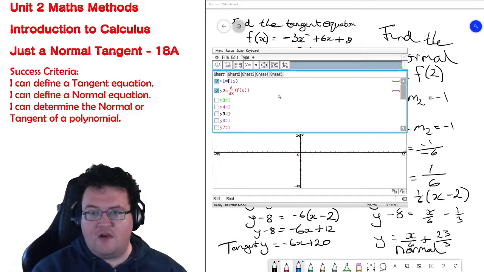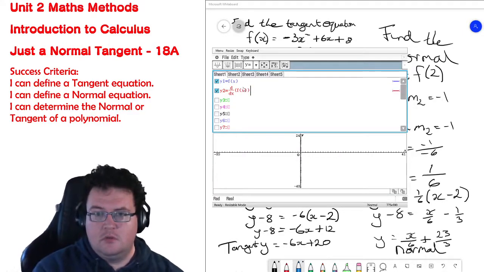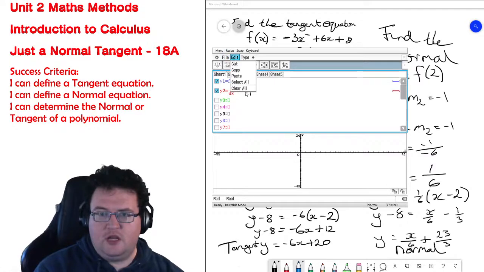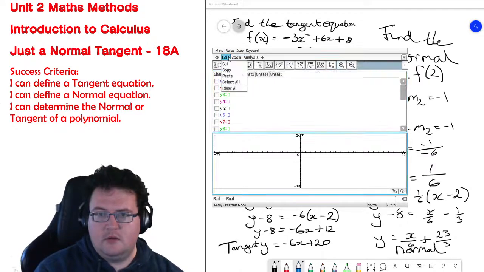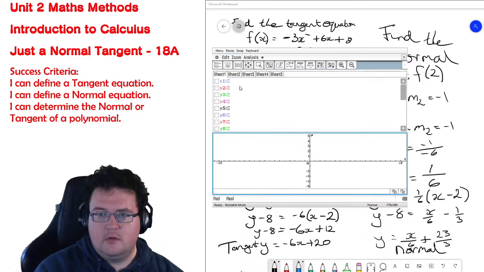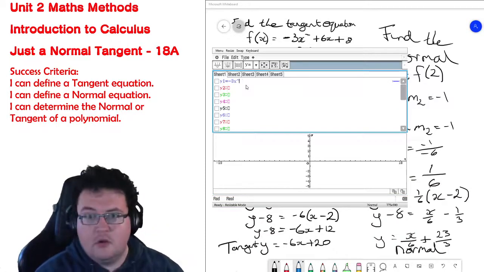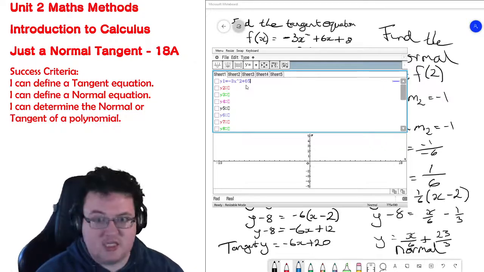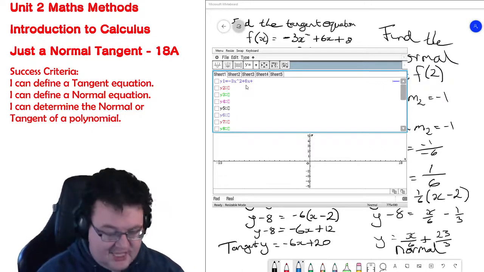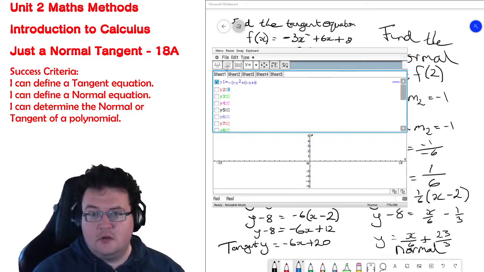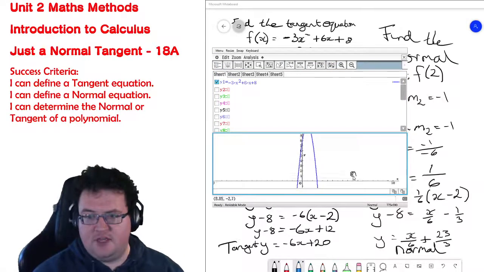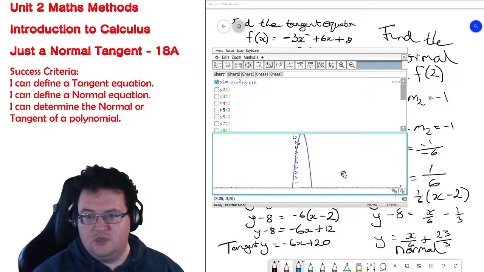So what we're going to do is we're going to go graph and table. I'll clear all this out. We don't need it. So what we're going to do is put in our equation, negative x cubed plus 3x squared plus 8x. Graph that. Nice sad face.